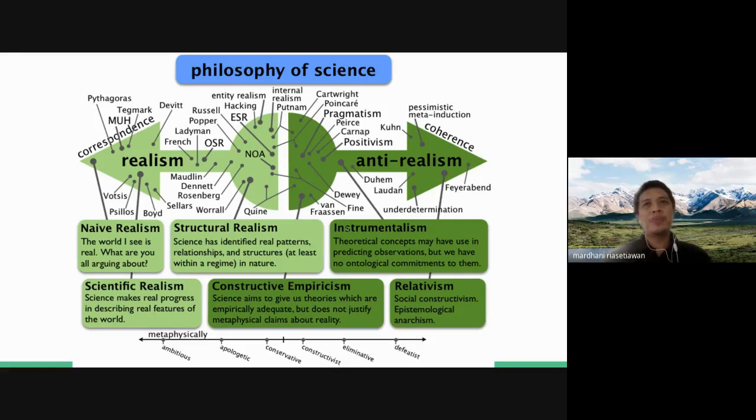And then we also have scientific realism. Science makes real progress in describing real features of the world. Let's say there are still a lot of things in the world that we cannot explain, so science makes it happen, even if very slowly. For example, the discovery of the deep sea is one of the scientific realisms.